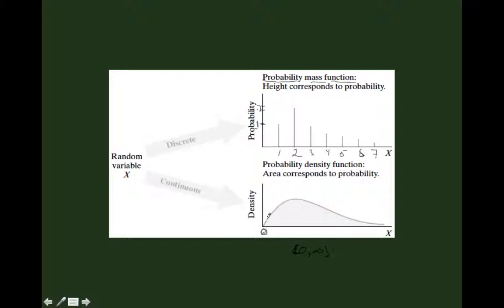And in that case, we need to use a smooth curve, because there is an uncountably infinite number of possible x values. For a continuous distribution or a continuous variable, we're looking at the area that corresponds to the probability. And so this area is proportional.